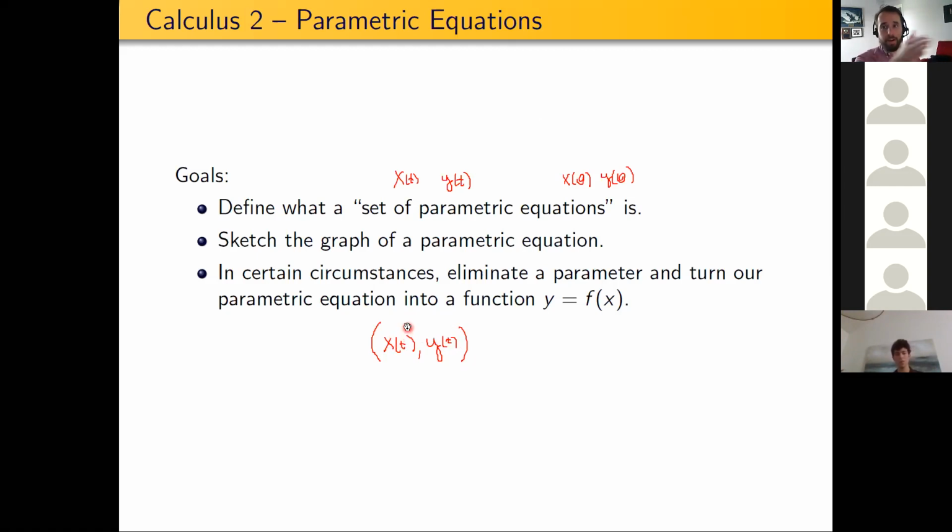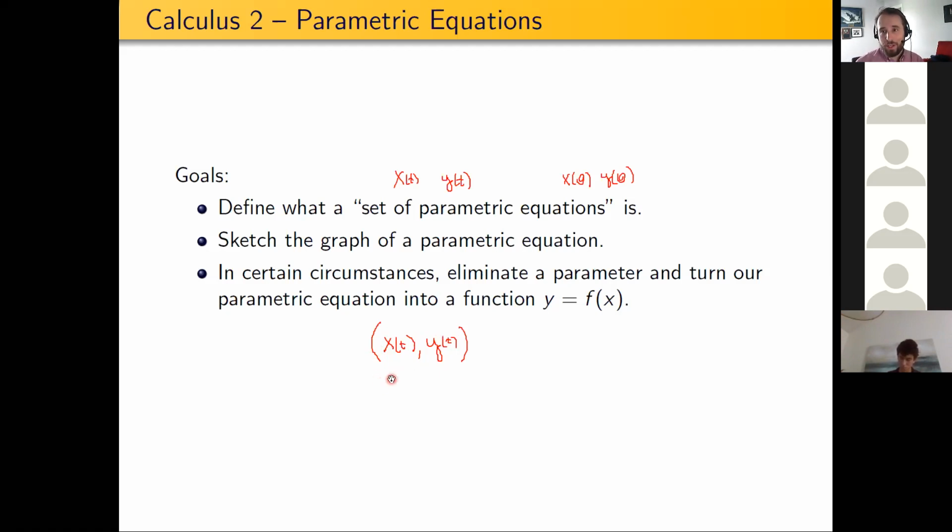As we increase or decrease t, this x of t is changing and this y of t is changing, which describes the point in the plane as evolving as we go forward in time. So these parametric equations, when paired together this way, describe a curve in the xy plane, something I could call a parametric curve.